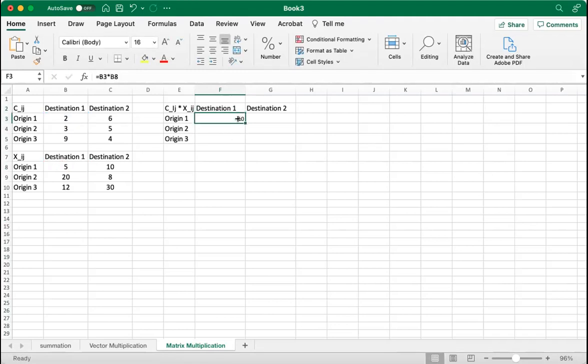And then I'm going to just copy the formula. So now you see 6 and 10 are multiplied. And then I'm going to copy this across the different rows.